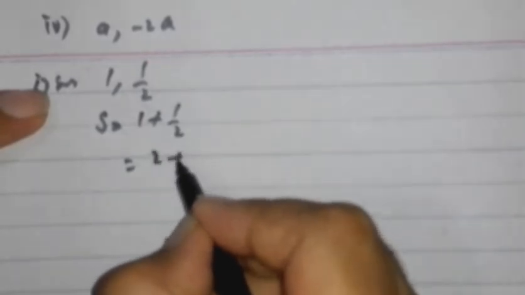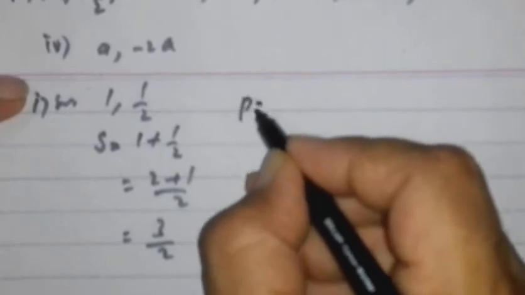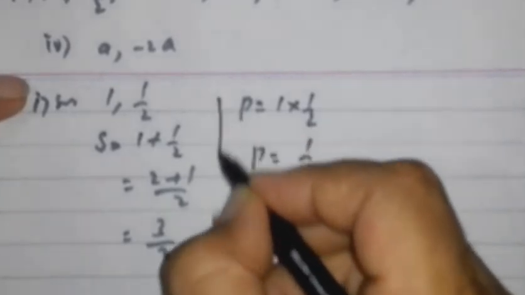So we get 2 ones are 2 plus 1 divided by 2. Take the LCM 2. So here we get 3 by 2. And the product of roots, P, equals 1 into 1 over 2. So P equals 1 over 2.